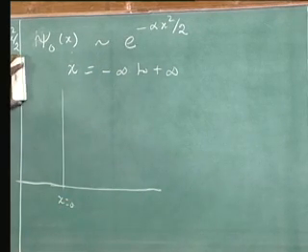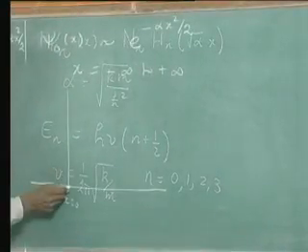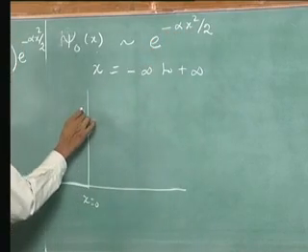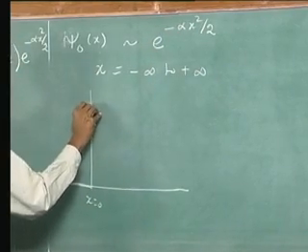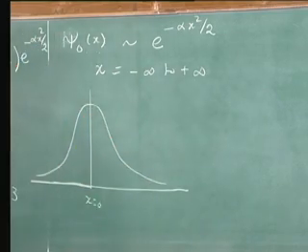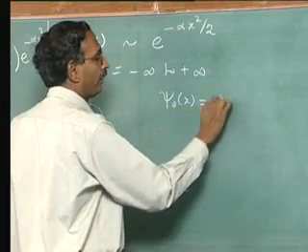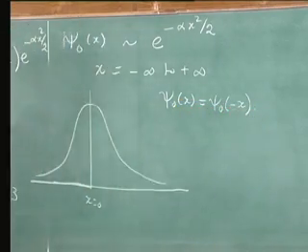Let me remove this line. If we plot this, e to the minus alpha x square by 2 is an even function, meaning psi naught of x is equal to psi naught of minus x. Okay.